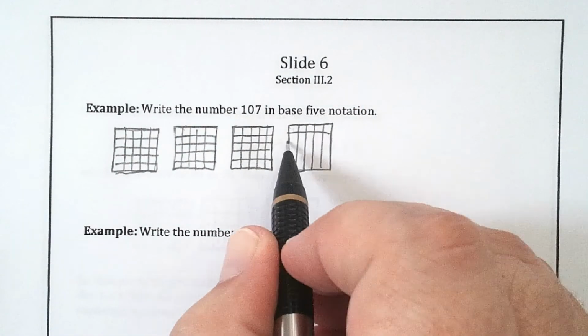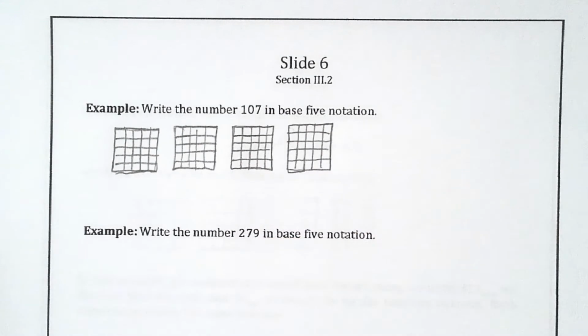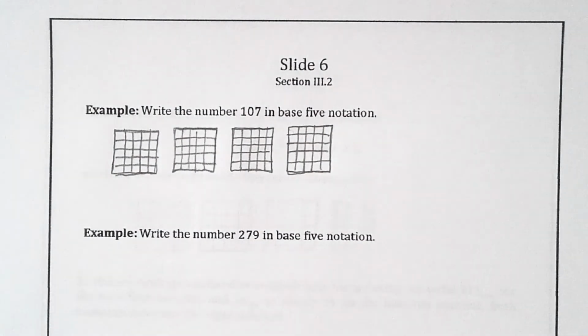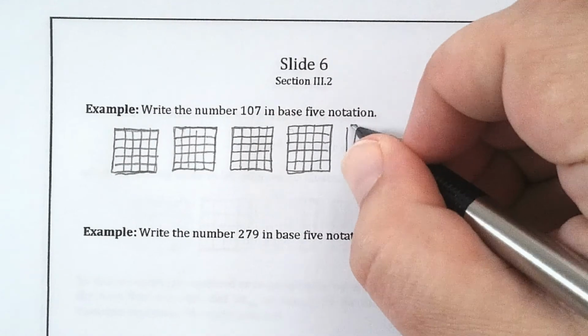And that's as far as we can go with the mats. Of course, I knew I'd have to stop at 4 no matter what, because I'm not allowed to have more than 4 of anything in the base 5 system, just as in the base 10 system we can't have more than 9 of anything. So we have 4 mats. That's 100. If I add in a strip, we get up to 105.